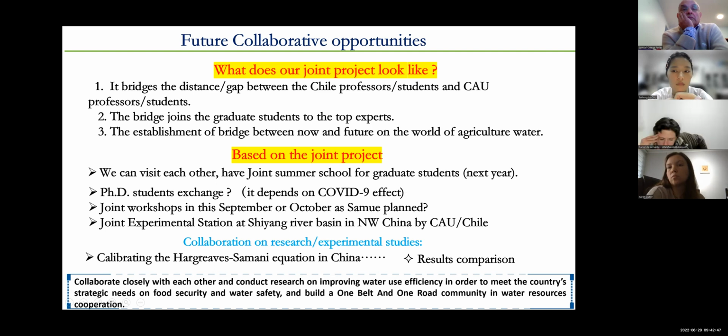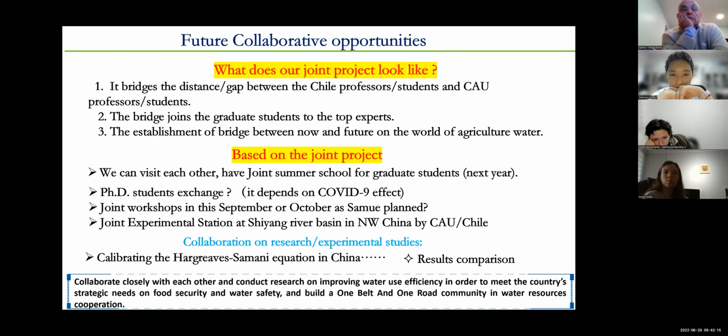So for the presentations about our collaboration on our research and studies, as we discussed last time, is how to compare our results both on the Chinese side and on the Chile side. And the second is how to calibrate the ATS model in China.